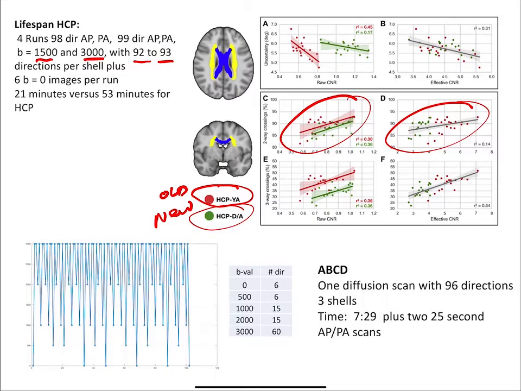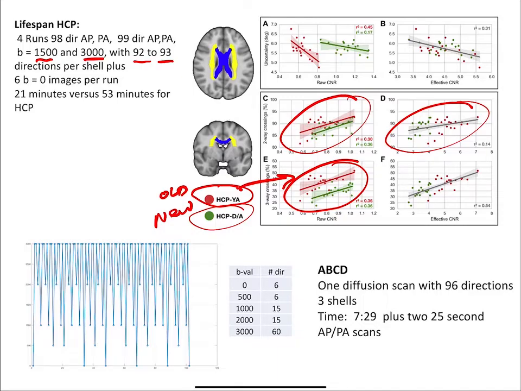The only place where it's not as good is for three-way crossings. The old protocol is still better than the new protocol there, but they made that trade-off because for younger and older populations, they felt they had to cut down the scan time.